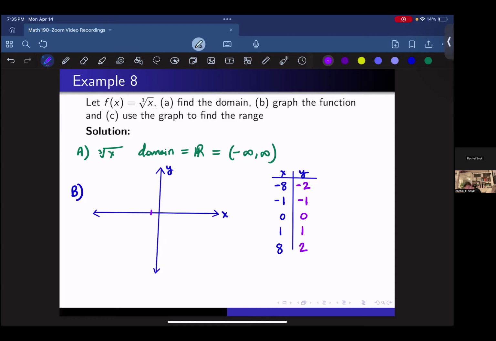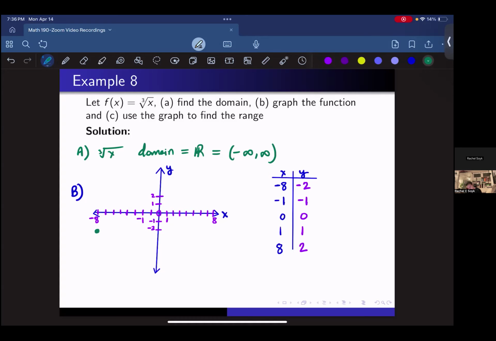And so now let's plot these. That's -8, -1, 0, 1, 2. And then our y's. So we have -8, comma, -2.